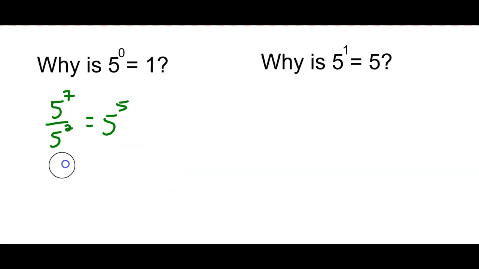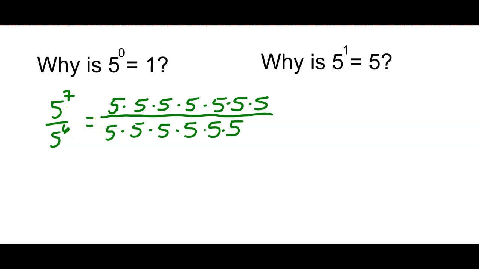Well, let's look at this first example I gave, 5 to the 7th being divided by 5 squared. And let's change this 5 squared to a 6. So if I change it to a 6 and I expand this, I get this. So this is 5 to the 7th written out. This is over 5 to the 6th written out.